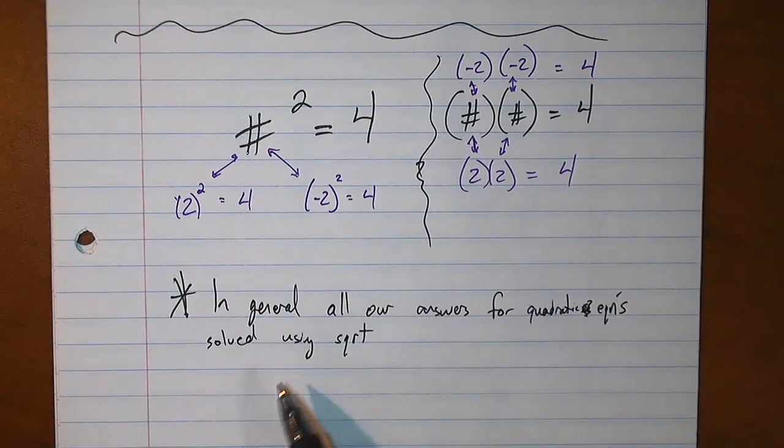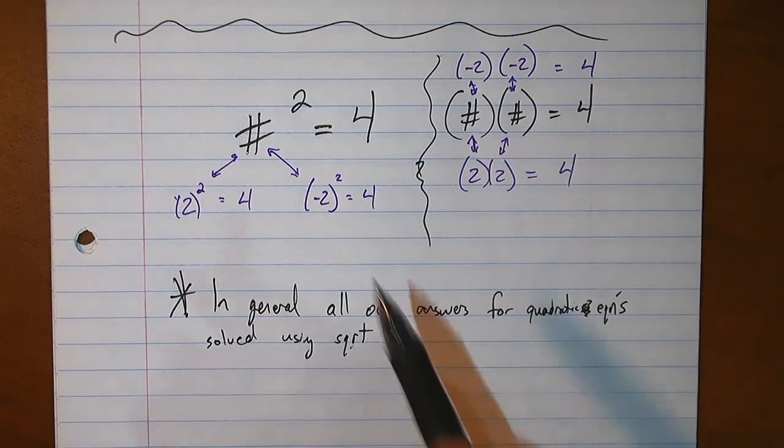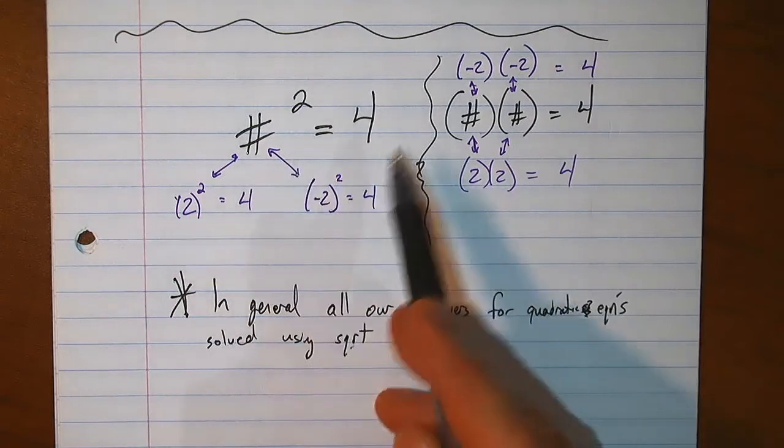But in general, all of the answers for quadratic equations solved using a square root, because remember, what square roots do is they ask the question, what number squared equals something, right?